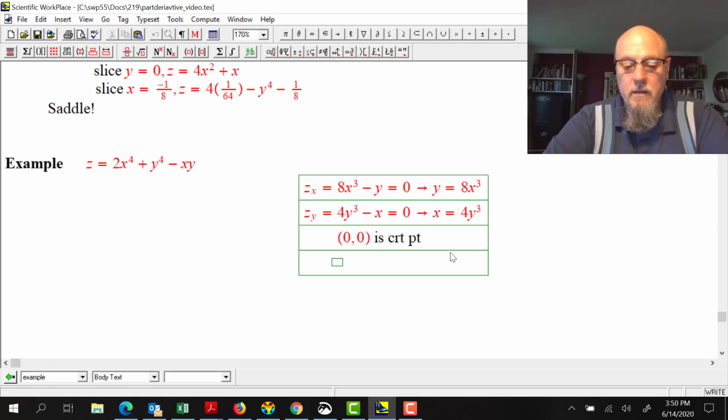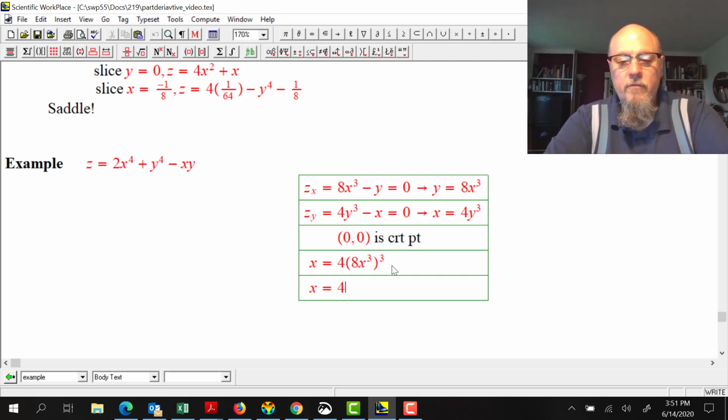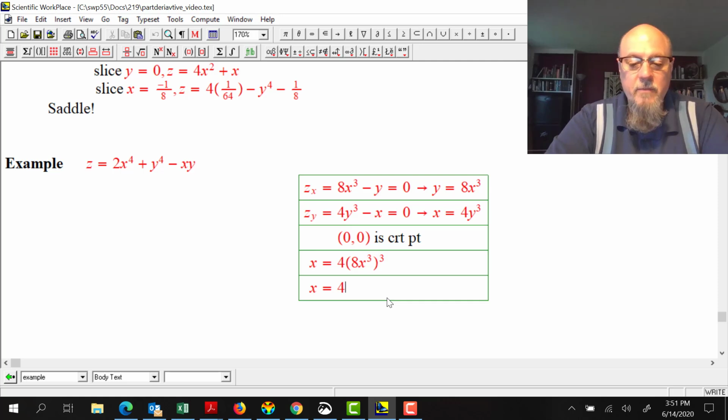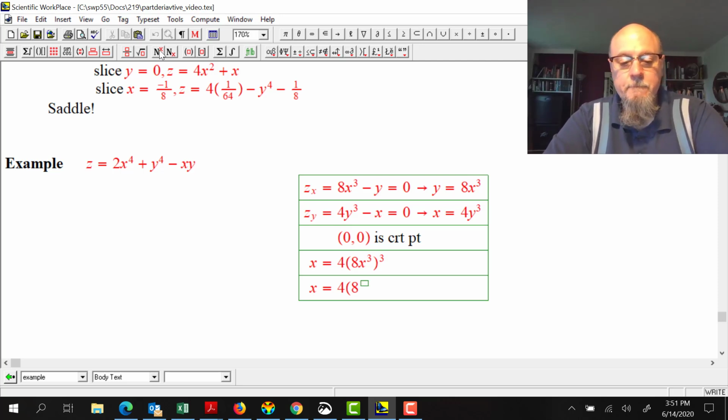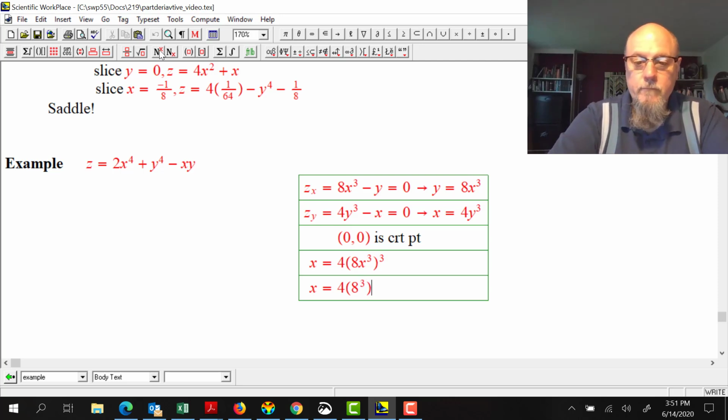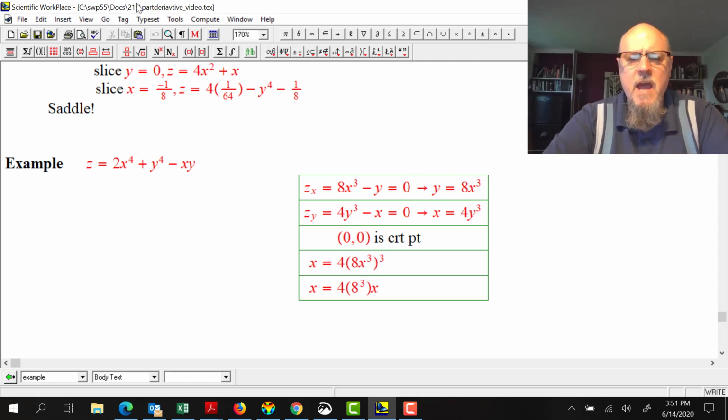Now I'm writing x is equal to 4y cubed, and here's what I'm substituting in. Okay, so that's going to be x is equal to 8 times 8 cubed times x to the 9th.